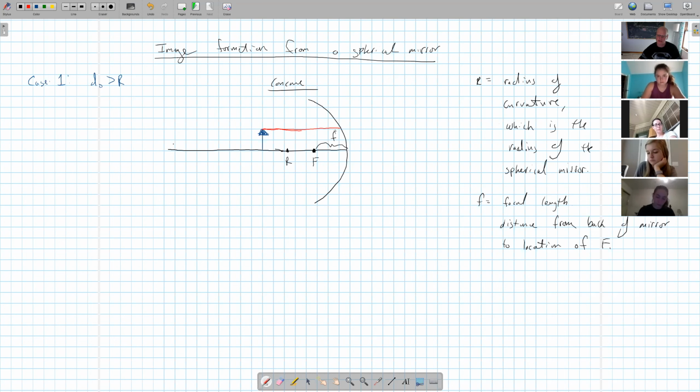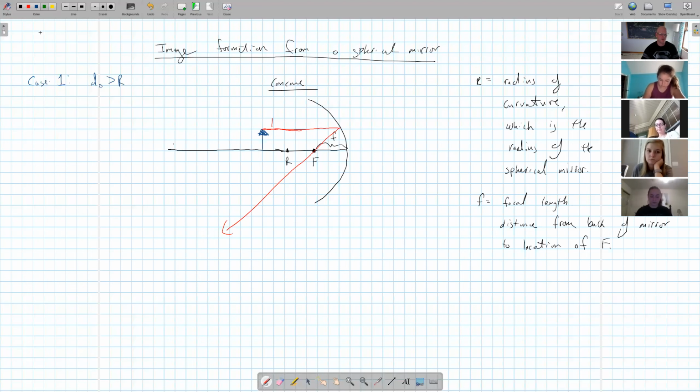By the time it reaches the mirror, it gets reflected through the focal point, and then goes off on its merry way in a straight line.